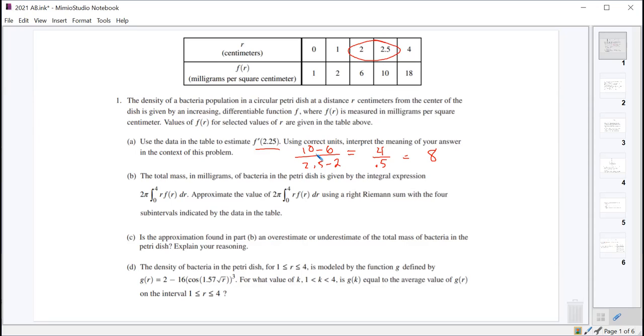So if we are taking the derivative of something that is milligrams per square centimeter, what should our units be? It's already in milligrams per square centimeter, so milligrams per square centimeter per square centimeter would make more sense.